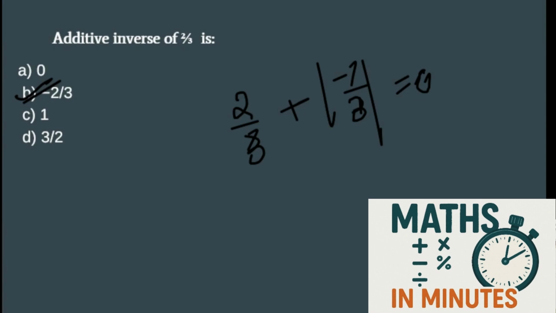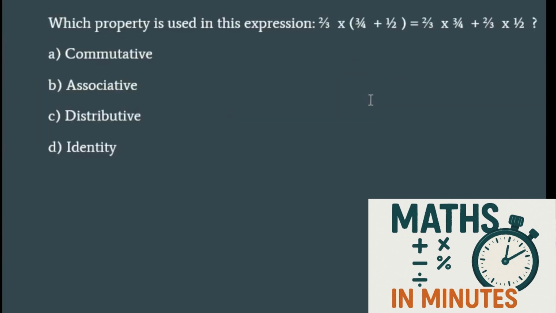Okay, so we have seen this question and now it is clear to everyone. So now we are doing the next question of properties of rational numbers, and the question is saying which property is used in this expression. You can see the expression and you have to tell which property this is. Is it commutative, associative, distributive or identity?